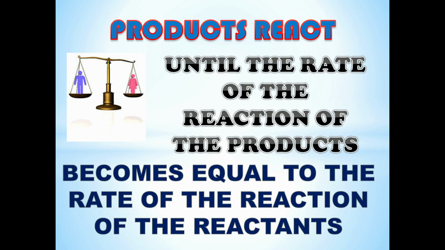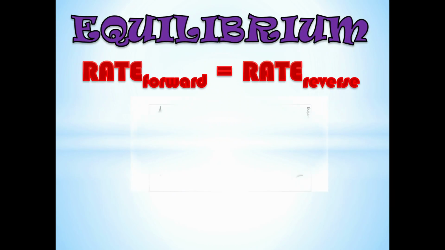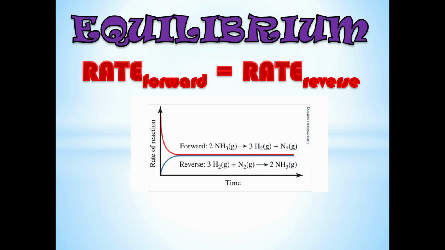So every reactant that makes a product is matched by a product making a reactant. So the rates of the reaction forward of reactants going to products is now the same as the rate of the reverse of products going to reactants. So there's my equation. At equilibrium, rate forward equals rate reverse.